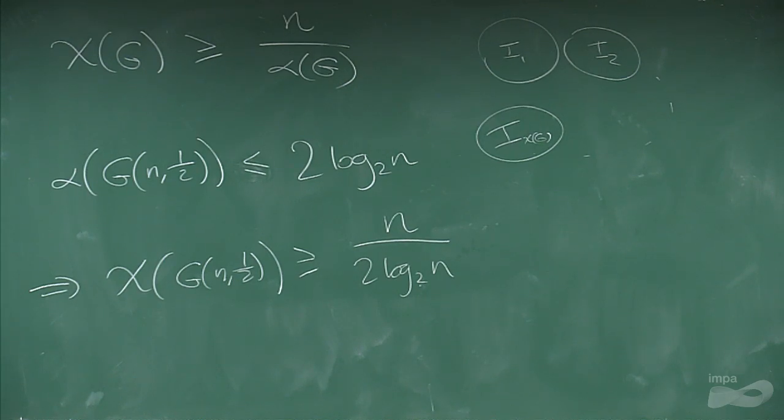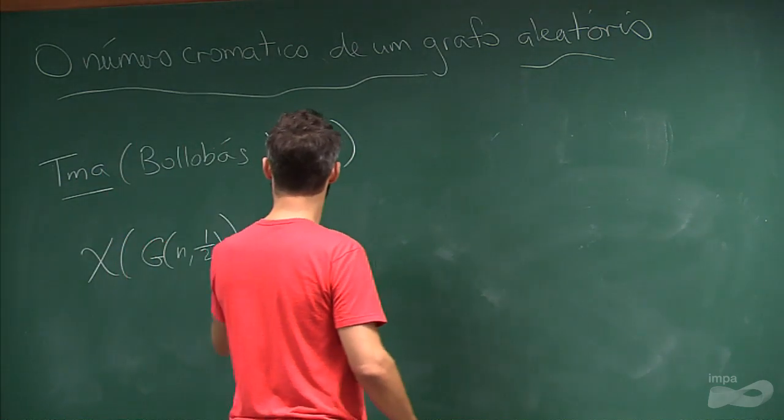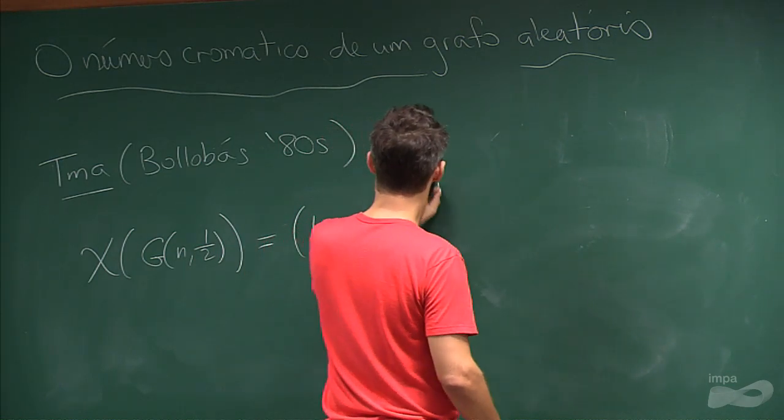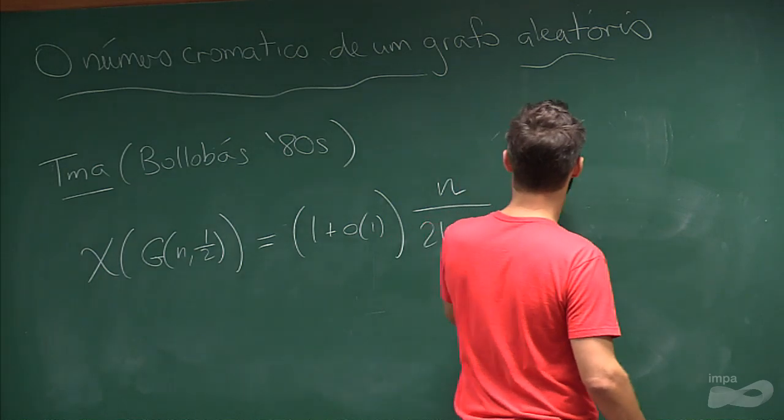It's the theorem of Bollobás from the 80s, I forget exactly which year, that the chromatic number of G(n, 1/2) is (1 + o(1)) times n over 2 log to the base 2 of n with high probability.